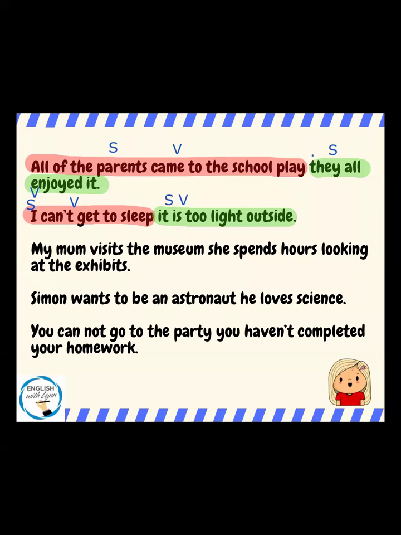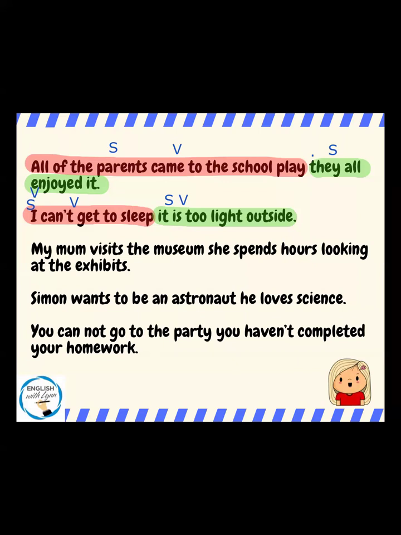Now, in terms of how I am going to punctuate that, it is possible that I could use a semicolon, but the second part is really the reason that I can't get to sleep. So I would be tempted to have a "because".